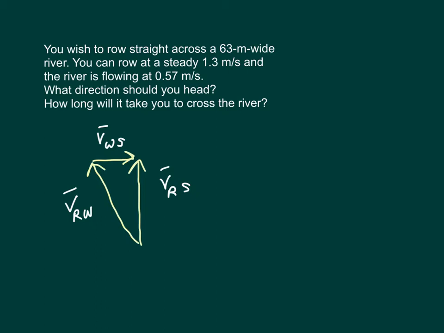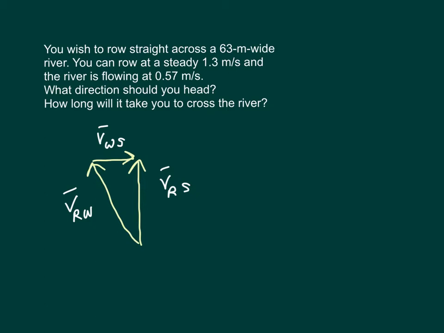So, for example, we have the velocity of the rower with respect to the shore, the velocity of the water with respect to the shore, and the velocity of the rower with respect to the water. So you can see that we'd like to head straight across. This would be us with respect to the shore, but we're going to have to row a little bit off into the current so that the resultant velocity or motion is straight across.